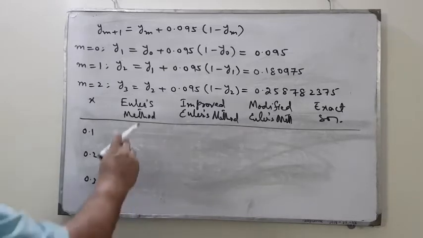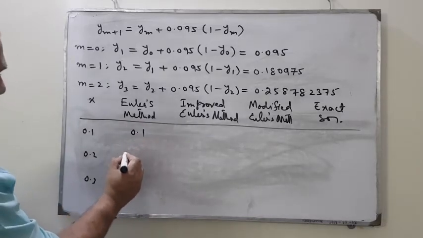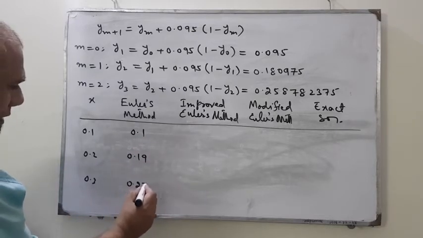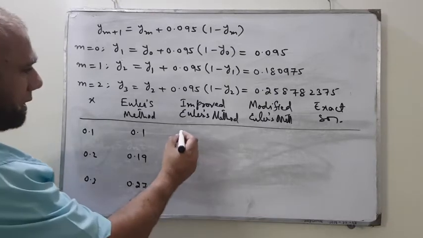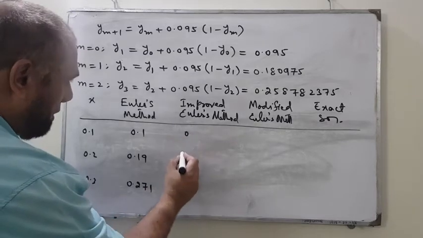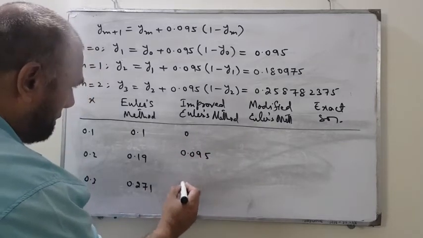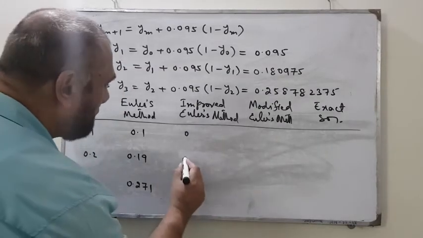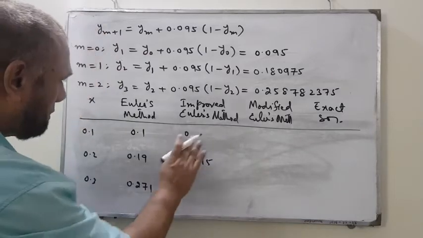When we use the Euler's method, we got the results 0.1, 0.19, and 0.271. These were the results we obtained by using the Euler's method. And the improved Euler's method gave 0.095 at x equals 0.1, I'm sorry, not 0.